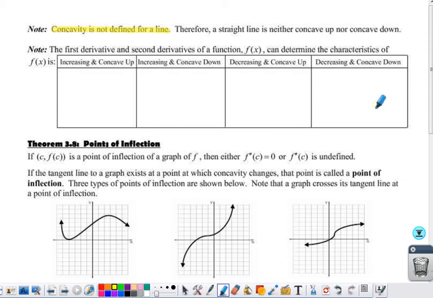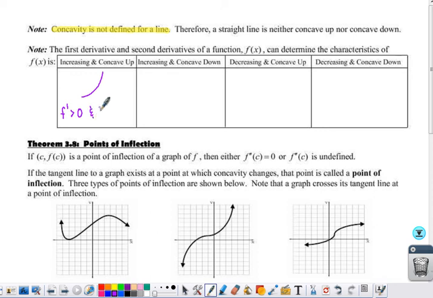And if you have an increasing and a concave up function, that would mainly look something like that. So that function there is increasing moving from left to right and is also concave up. So by looking at that, we can say that f prime is greater than 0.